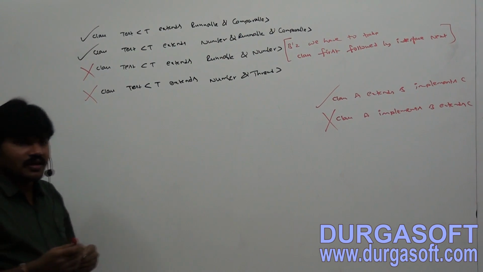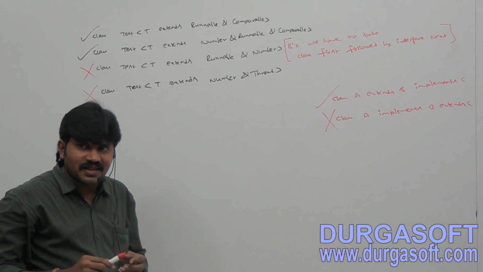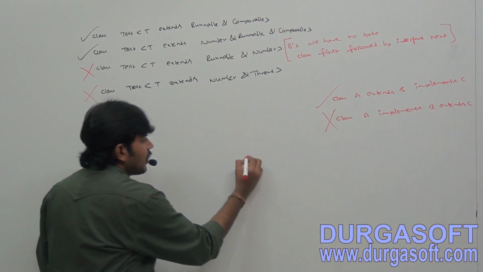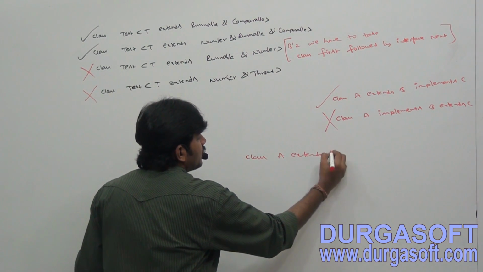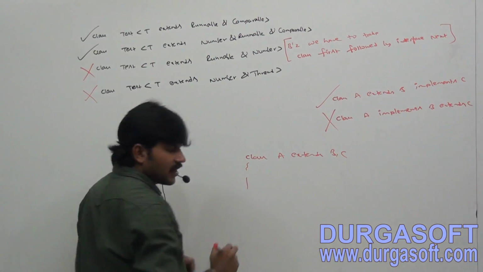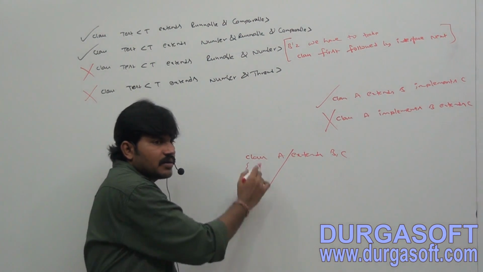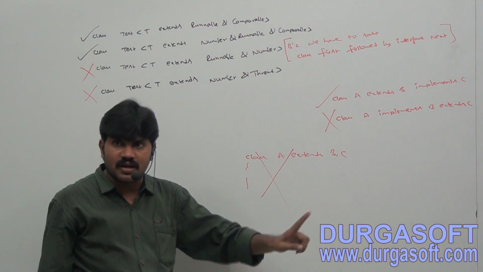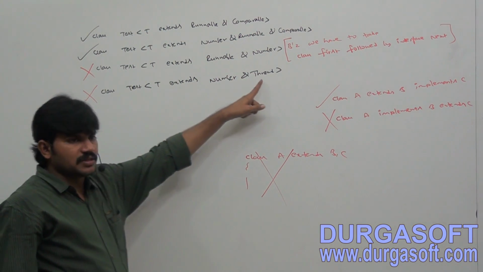Is it possible to extend more than one class simultaneously? Java won't provide support for multiple inheritance. Have you remembered? Class A extends B, C: valid or invalid? Invalid, compile-time error, right? Because a Java class can't extend more than one class. Same rule. T extends Number is a class, Thread is also a class.